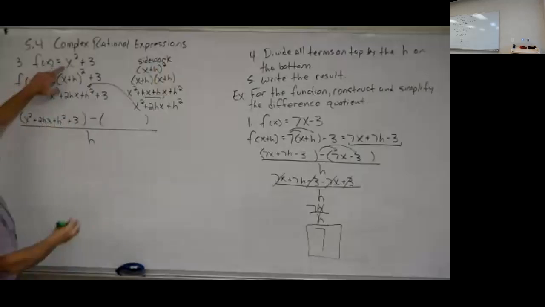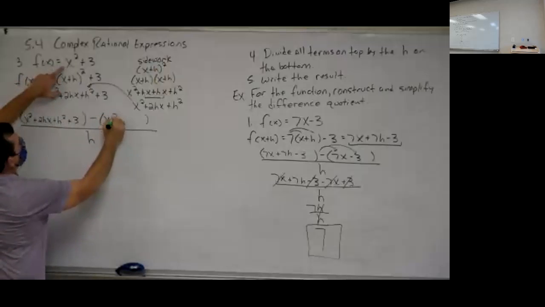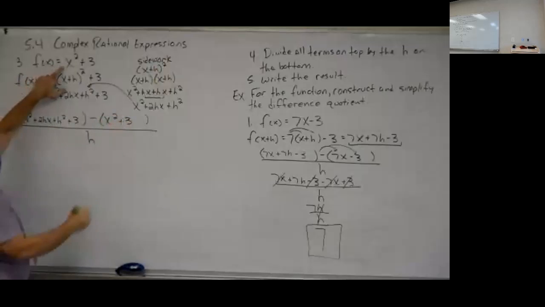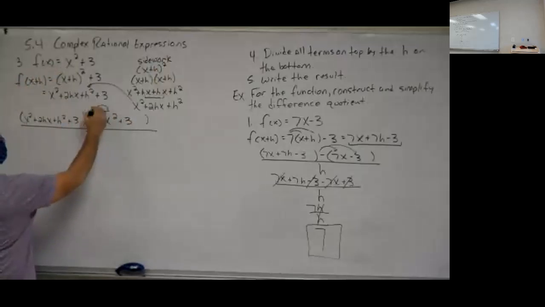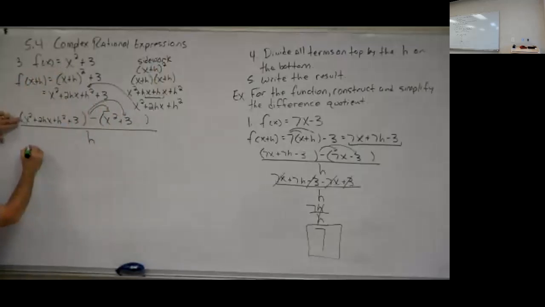F of x they gave me was x squared plus 3. So remember now we're going to distribute again so we can start adding the like terms. So I'm going to distribute my subtraction through the second parentheses. So this line will now give me an x squared plus 2hx plus a h squared plus 3. That's the f of x plus h.